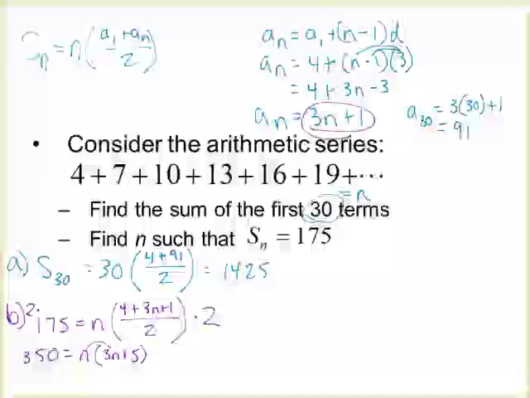Then I'm going to distribute. This turned into a quadratic equation. So to solve a quadratic equation, I want everything on one side. So I'm going to subtract that 350.